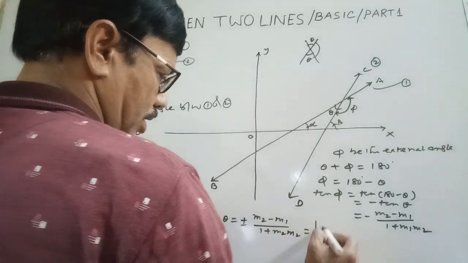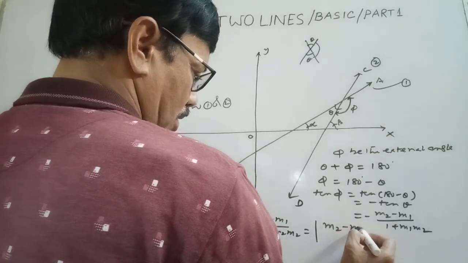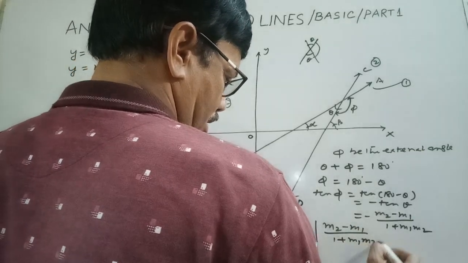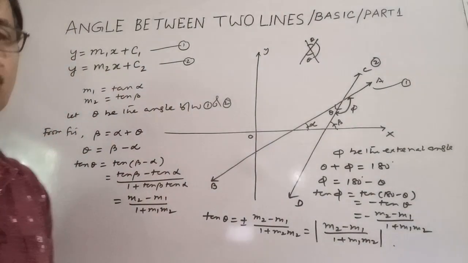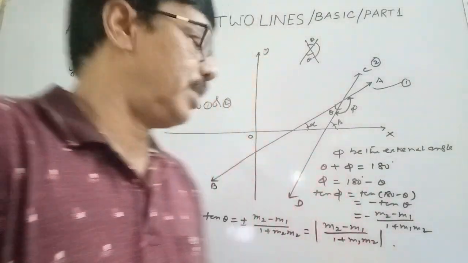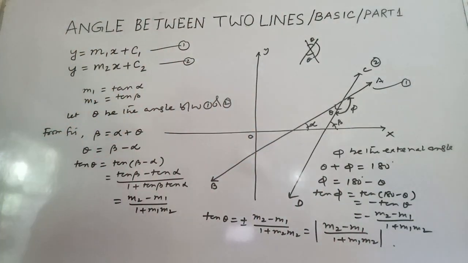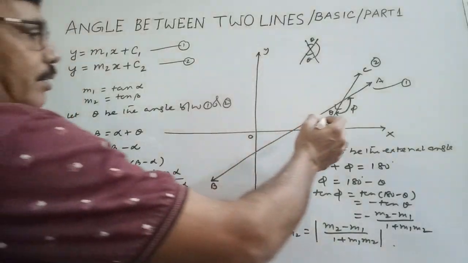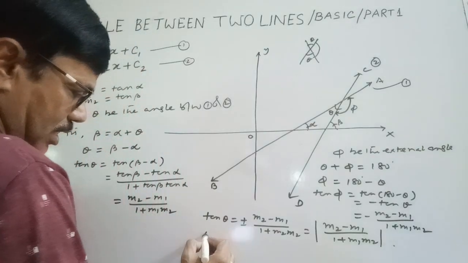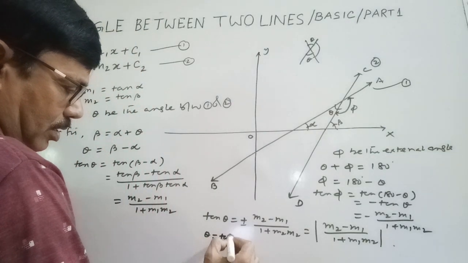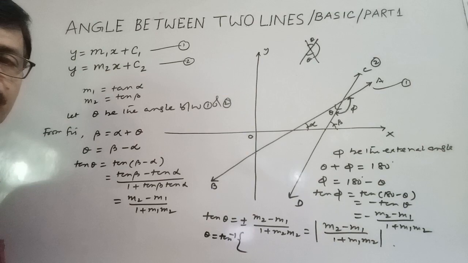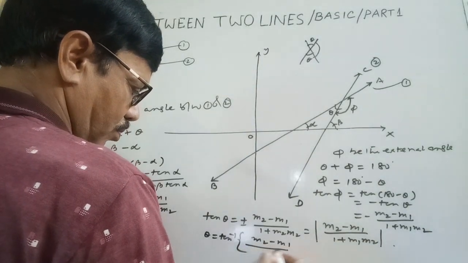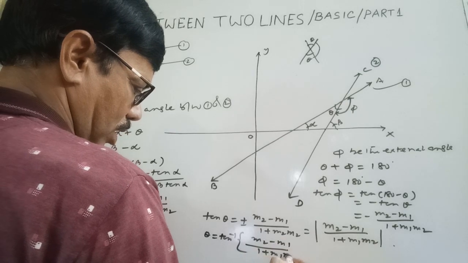So you can take the mod, you can write it in terms of mod. We need the angle, so what is the angle? The angle is theta. So theta equals tan inverse of m2 minus m1 over 1 plus m1 m2.